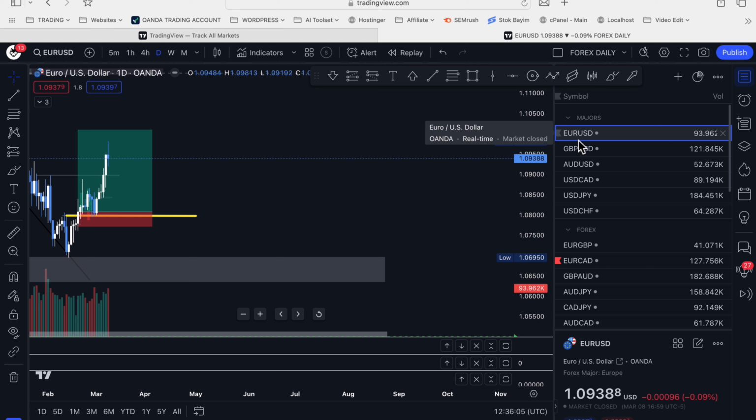These are Euro USD, Great British Pound USD, Australian Dollar USD, USD CAD, USD JPY, and USD Swiss franc. I will go down here and trade others on occasion, but these 6 major pairs are the major currencies of the major economies, and they've got a lot of volume in them.